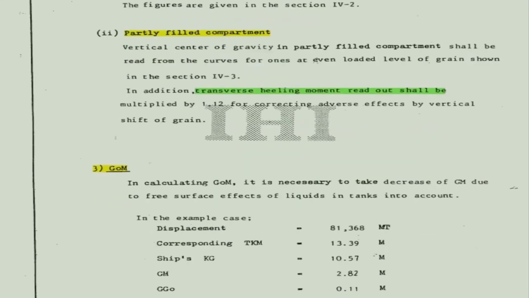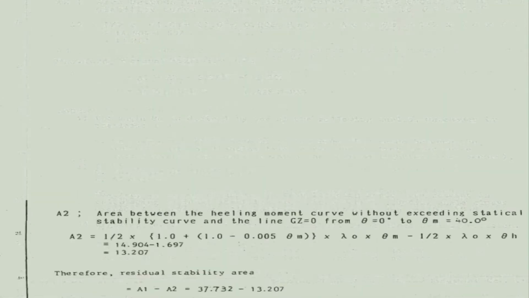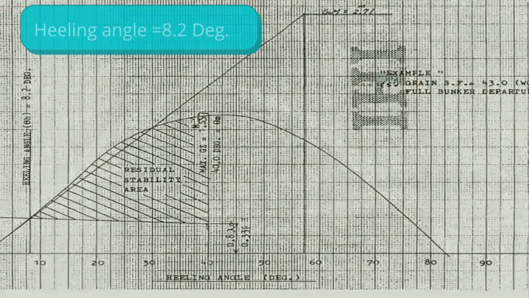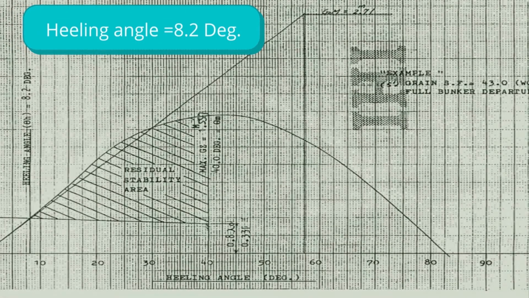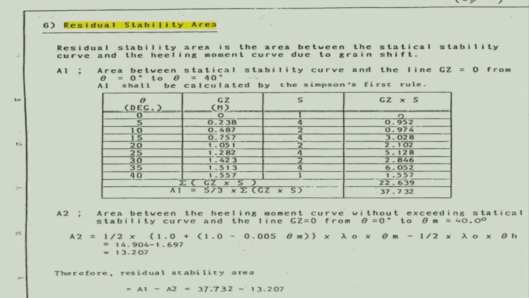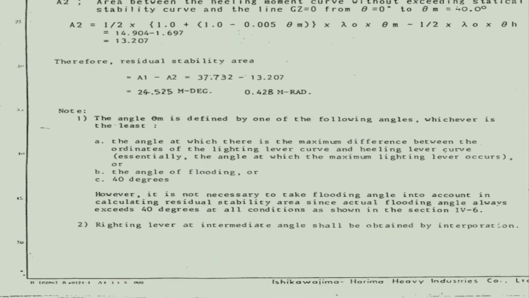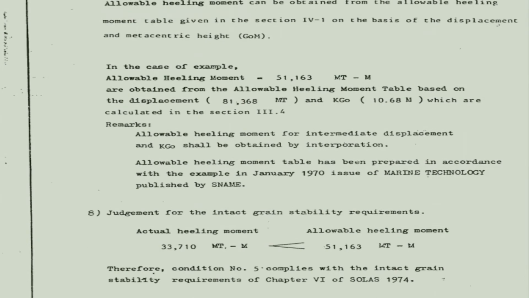Here GM calculation, here heeling angle, everything is the same. Here the heeling angle, if we find, it will be 8.2 degrees. Here it is bigger than the previous condition. Then residual stability area calculation and allowable heeling moment comparison.